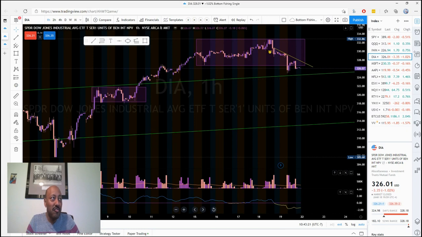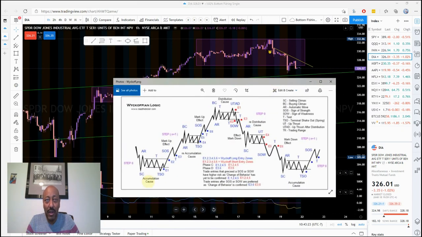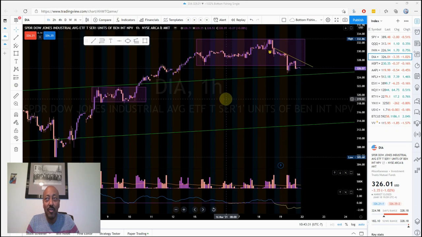Remember, I mentioned when we are looking at Wyckoff, we have this terminal shakeout, right? This terminal shakeout means it's going to fake out people to make them think, oh, we're going to go to the downside, but it's actually reversing, right? So just make sure that's what you're looking at.